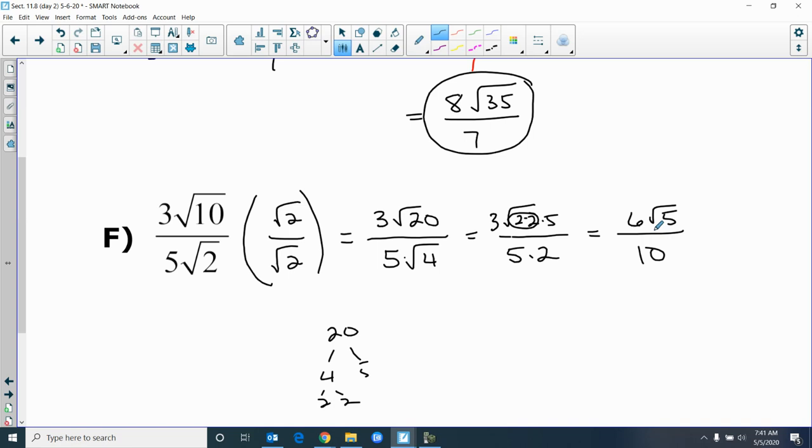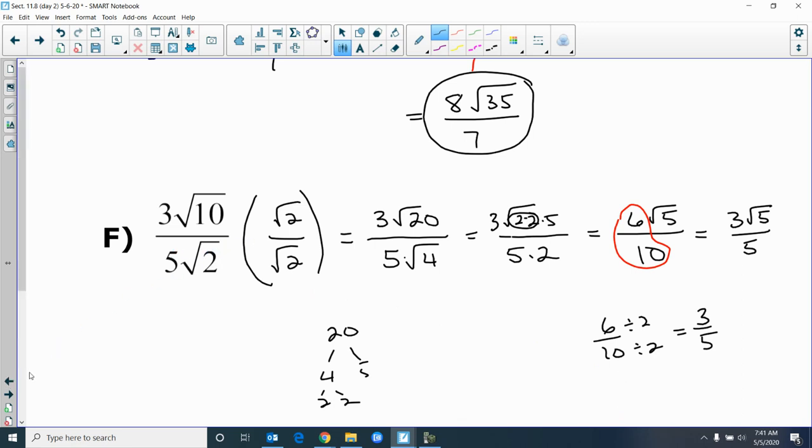All right, now we've done everything correct up to this point, but we are not done because the last thing you have to do is try to simplify fractions, which means this 6 and this 10 can simplify because they're both divisible by 2. So in the end, I get 3 square root of 5 over, this becomes a 5. So 6 over 10. They're both divisible by 2. That's 3 over 5.